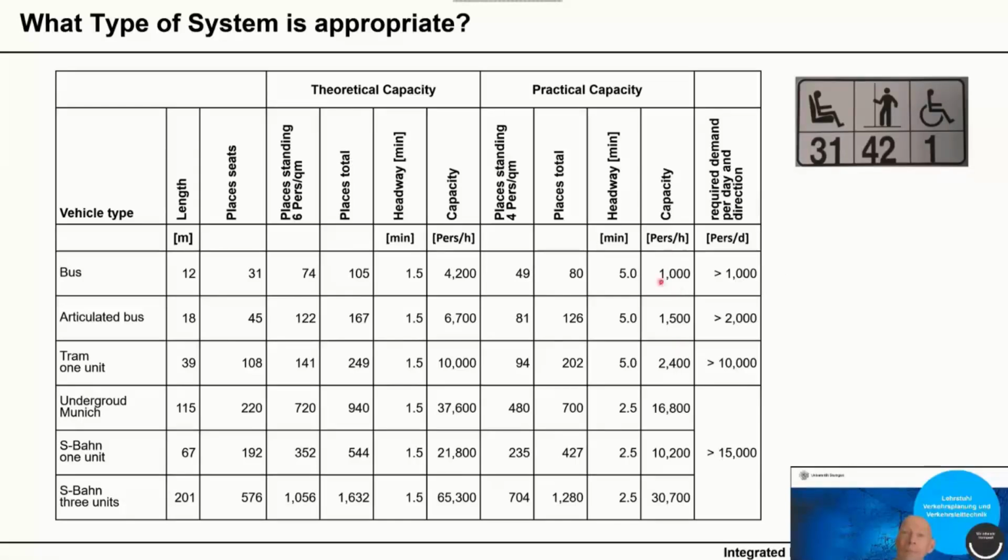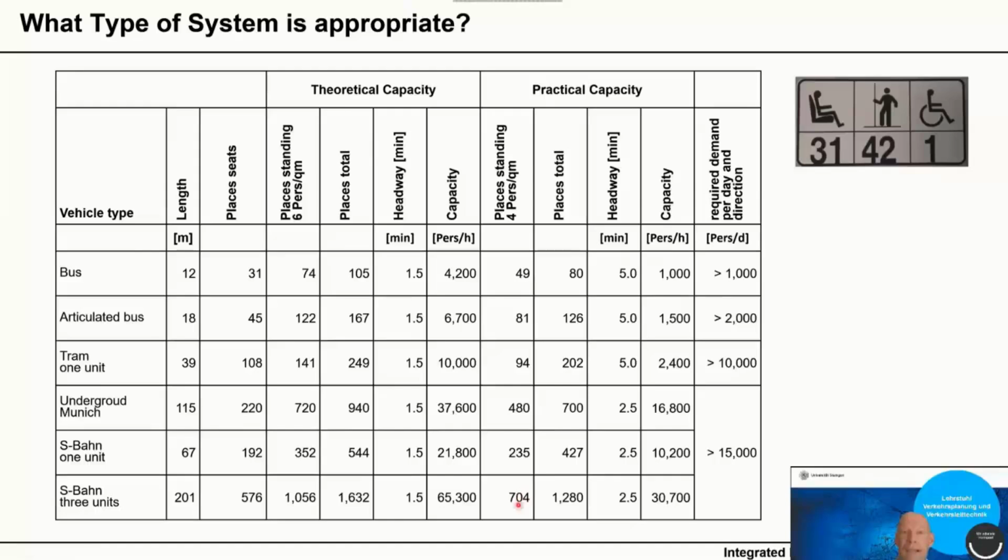Now, here, of course, it's a different story, but even a bus, if the demand is high, has a very high capacity. Now, the very moment we do that, it indicates that people are standing. So usually this is not a value we achieve within the course of a day because we want to provide people with seating capacities.